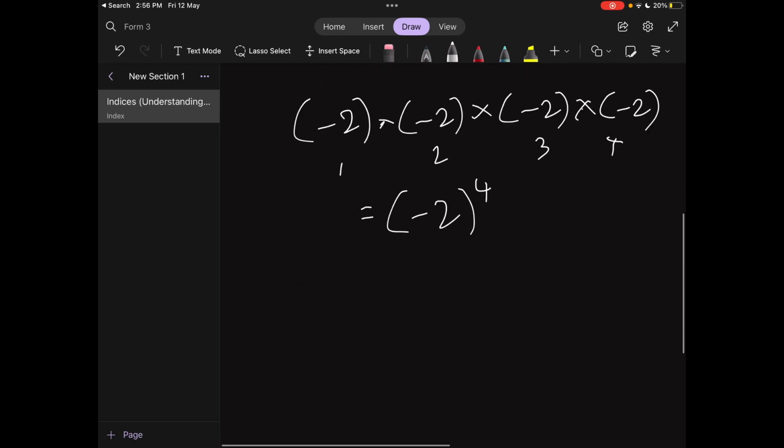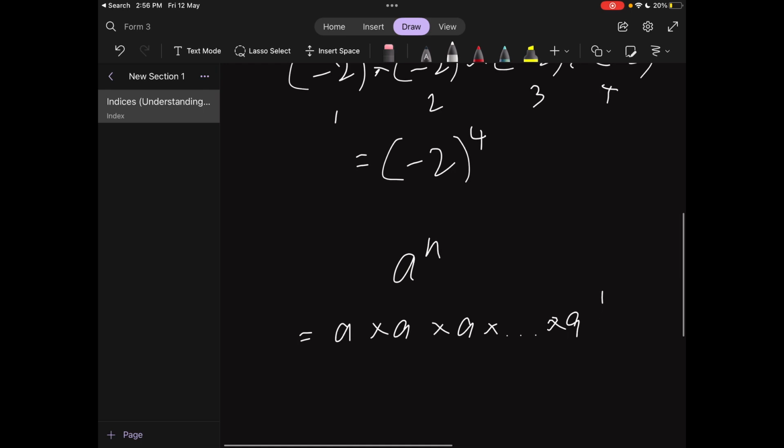So with this we can conclude that a to the power of n is actually a times a times a times dot dot dot times a, where the number of a's being multiplied is equivalent to n. So there are n a's being multiplied with each other.